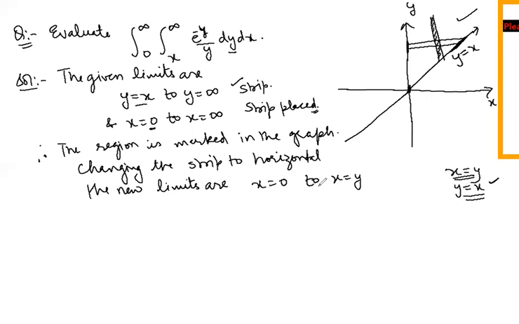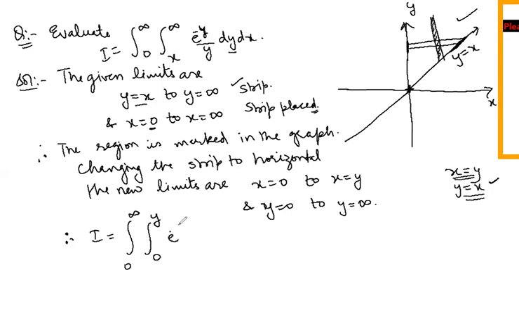So x goes from 0 to x equals y, and we started placing the strip over here, at y equal to 0 up to y infinity, only then will this region be traced. Therefore the integral I becomes, write its limits: y is varying from 0 to infinity, x is varying from 0 to y, dx dy, and now just solve this.